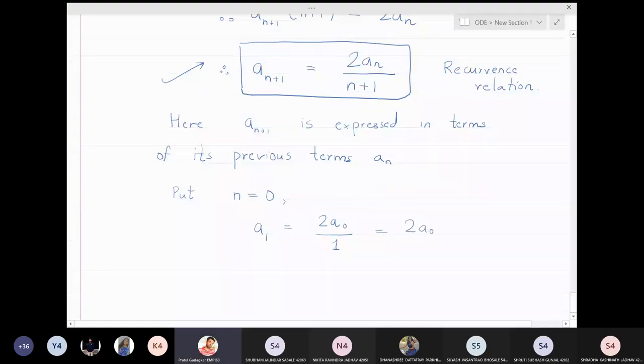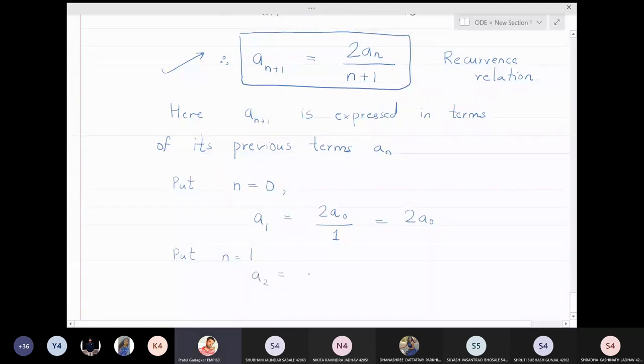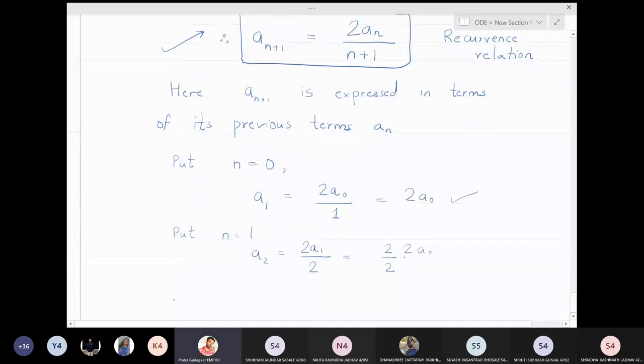Now you put n equal to, sorry, n equal to 1. When you put n equal to 1, you will get a_2 is equal to 2a_1 upon 2, which is a_1, but I will not cancel this 2 right now. I will not be in a hurry to do that. So it will be 2 upon 2 a_1. What is a_1? a_1 is 2a_0.